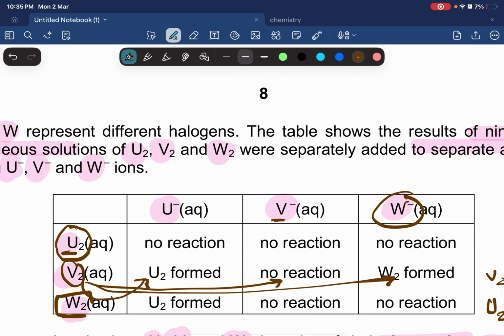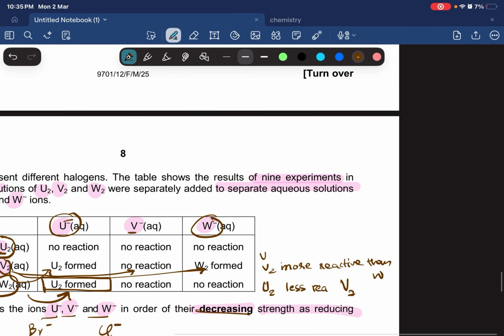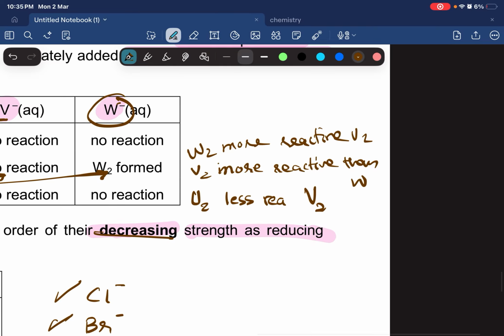W2 is more reactive than U2 because it can displace U2 from U negative. So now we can decide which is the most reactive. V2 is the most reactive, then comes W2, and then comes U2.